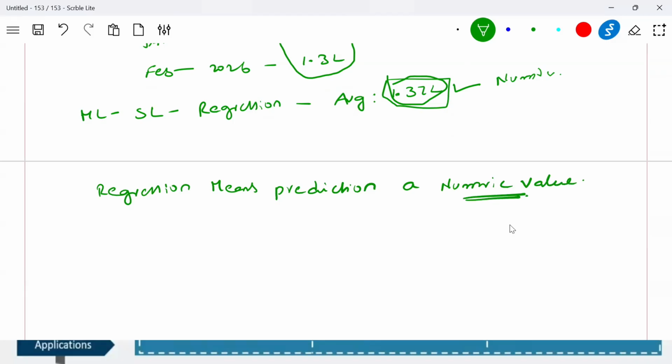Predicting a numeric output is regression. So what is regression? Predicting a numeric value is regression.